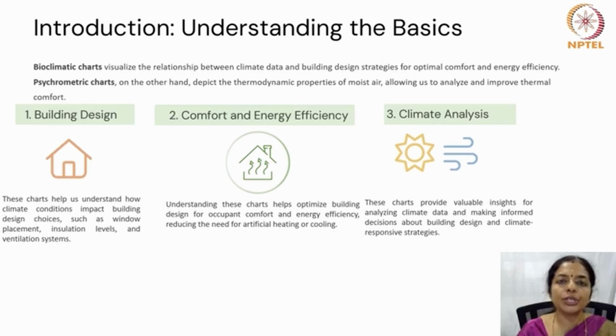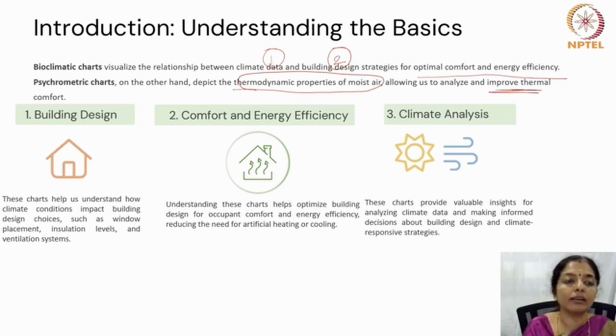Bioclimatic charts visualize the relationship between climate data, building design strategies for optimal comfort and energy efficiency. Whereas psychrometric charts depict the thermodynamic properties of moist air, allowing us to analyze and improve the thermal comfort.